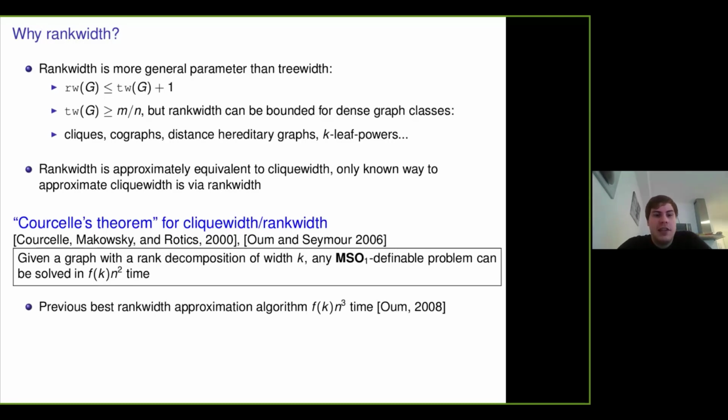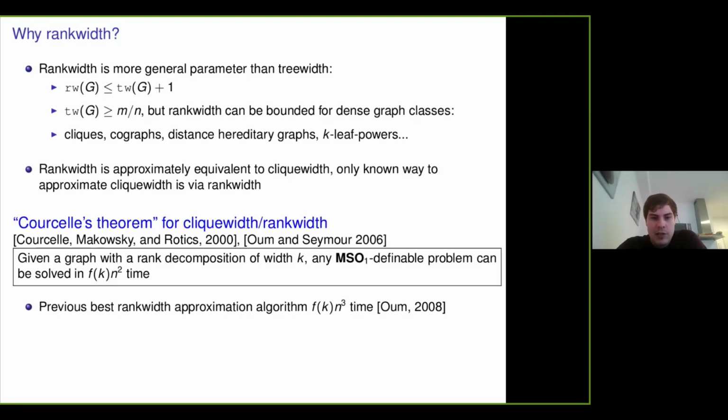But to use this theorem, you really need the rank decomposition. Without knowing the rank decomposition, you cannot use this Courcelle's theorem.